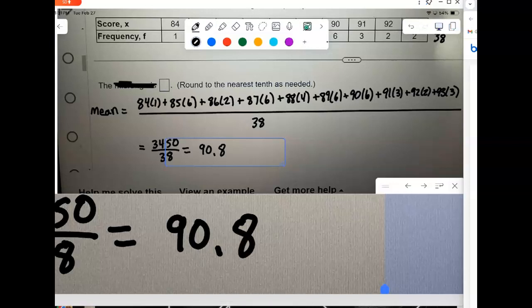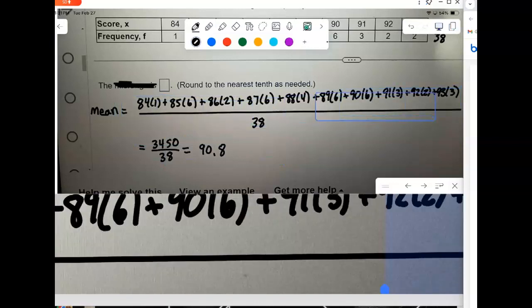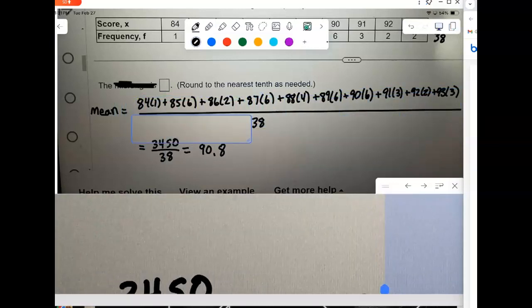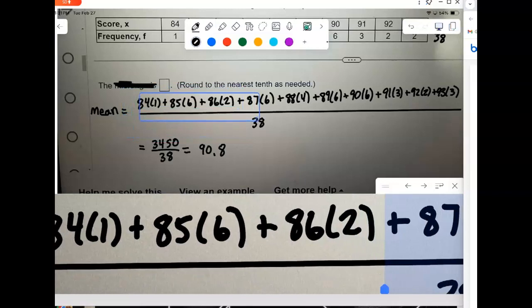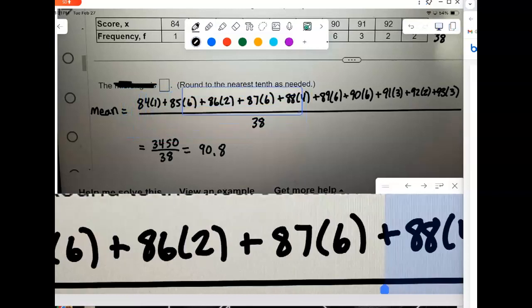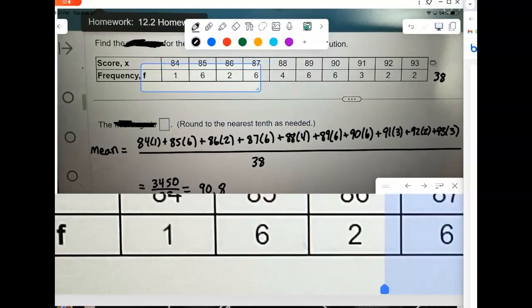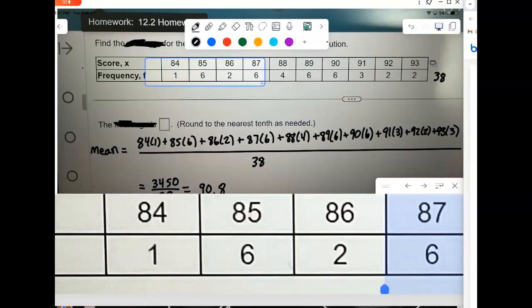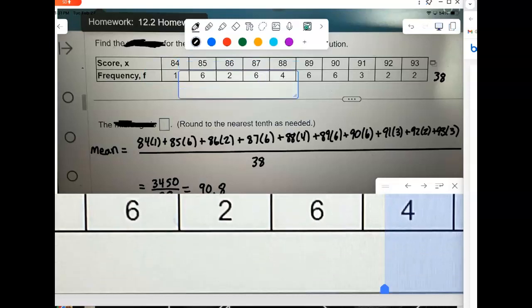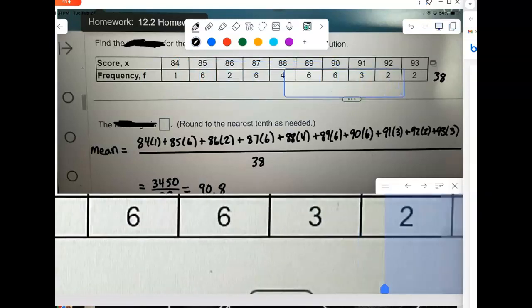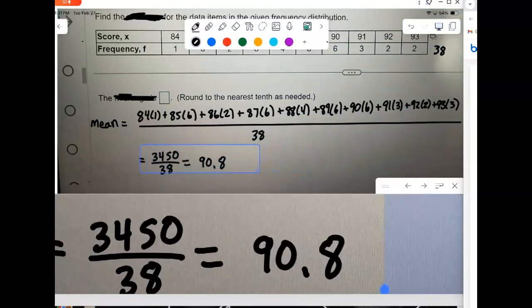So that's our mean, and it's the most involved as far as computation, taking each value times its frequency. Remember what the frequency means: if you wrote them out, you'd have 84, then 85 listed 6 times, then 86 listed 2 times, and so on. So that is our mean.